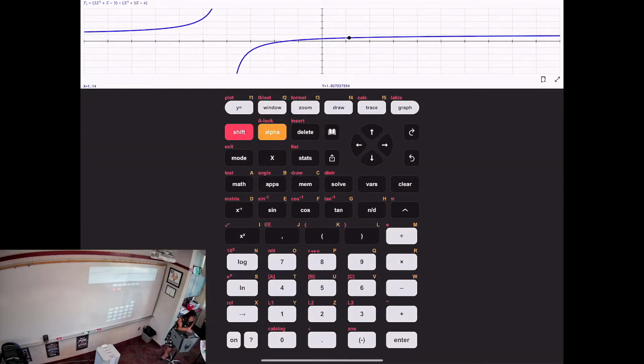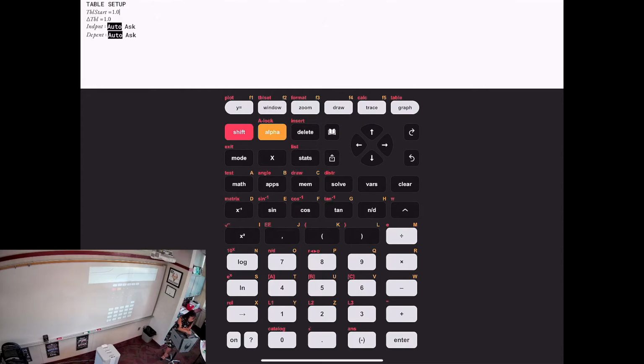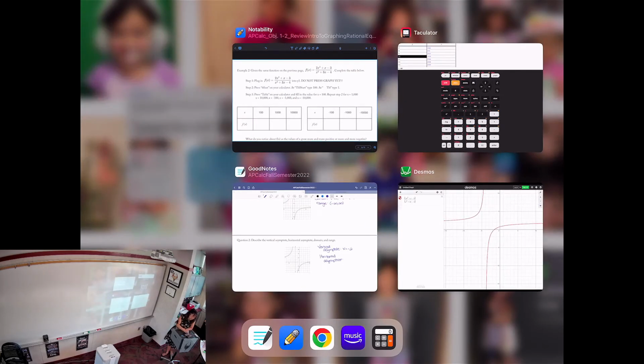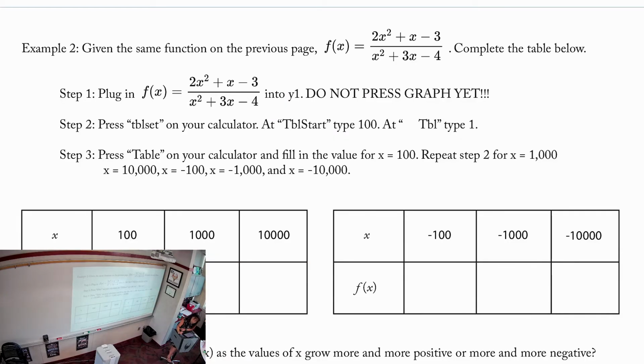So if I were to look at tables, it'll be super tiny because that's the way it is. But if I start my table at 100, I get 1.9519. I'll fill in the values for you, but what you're going to see is that as you look at the table, you're going to get closer and closer to y equals 2.